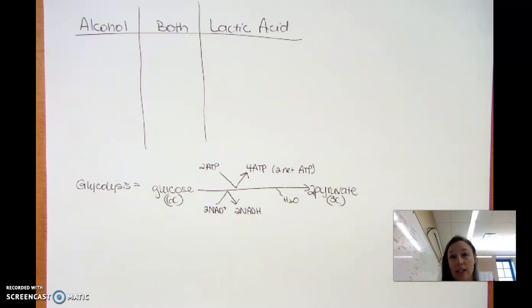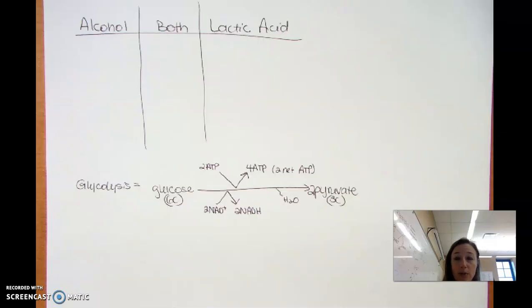But the cells that aren't getting the oxygen because you're just not bringing in enough for all of your cells are going to switch to lactic acid fermentation. And that's just a way for them to produce some ATP and stay alive until you calm down and start breathing normally. You're not burning as much energy, and then your breathing will slow down, but you're at the point where oxygen is coming in at the rate that you need it.